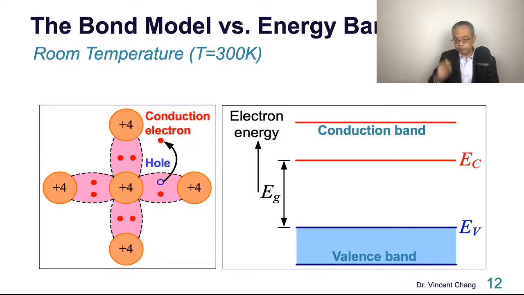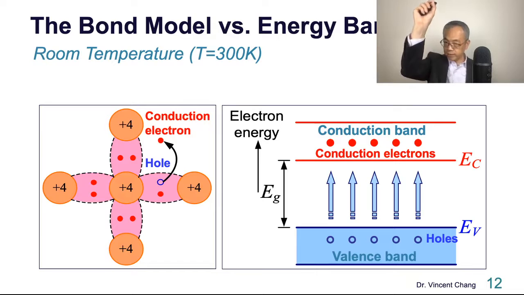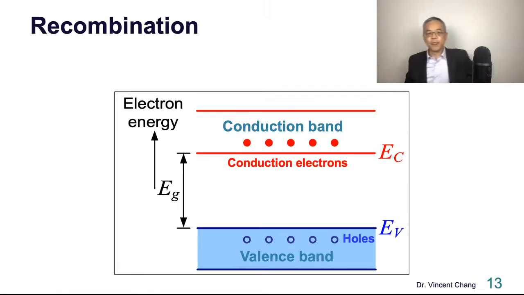But in energy space, the valence electron receives thermal energy and, if the energy is sufficient, jumps into the conduction band, creating the electron-hole pair. The particle in the conduction band is called the conduction electron, and the empty spot in the valence band is called the hole.